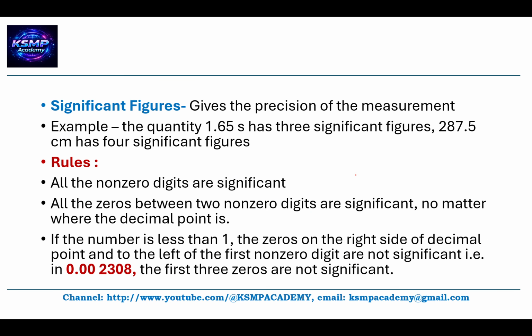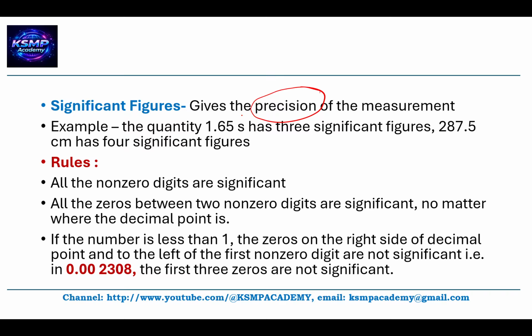Now we are coming to the next topic, which is significant figures. These are very important in measurement, as the significant figures give the precision of the quantity. That is how precisely a measurement has been done.